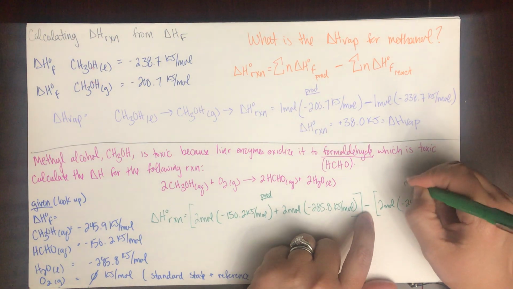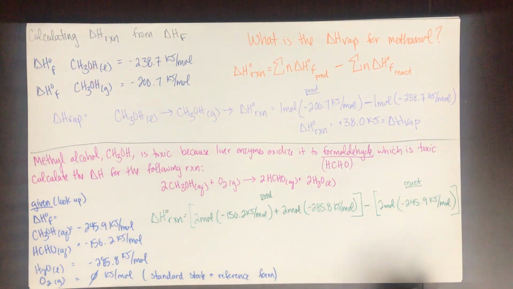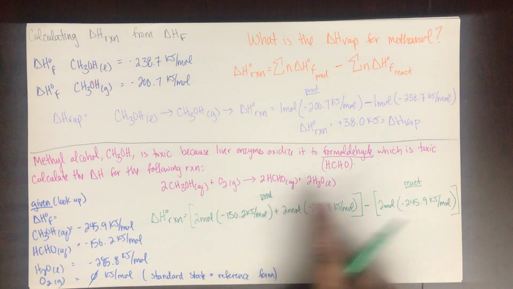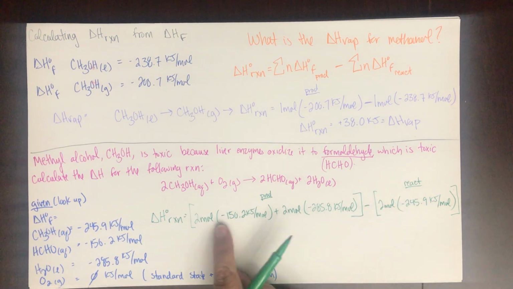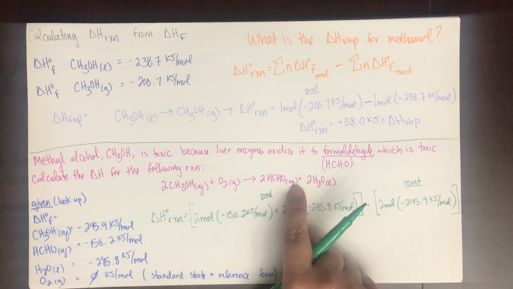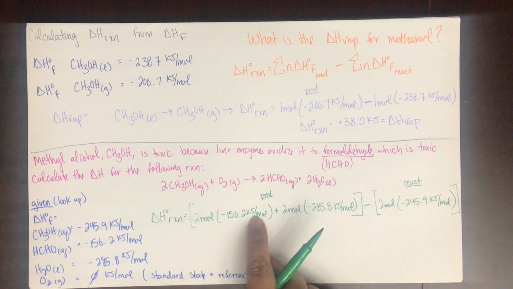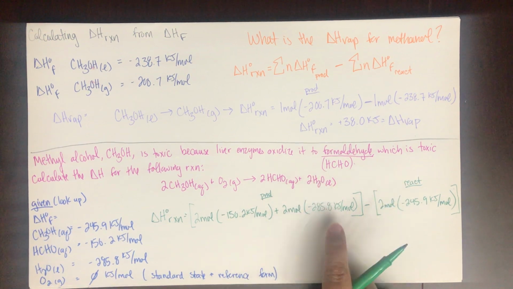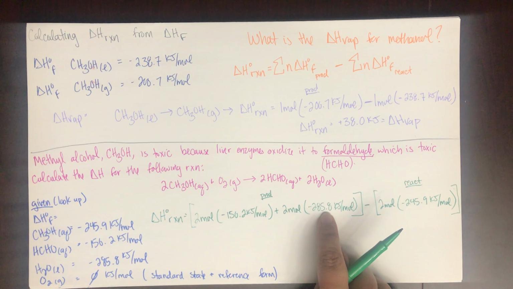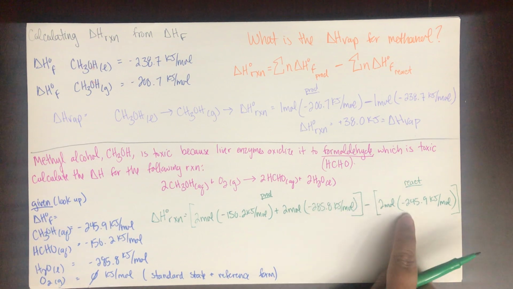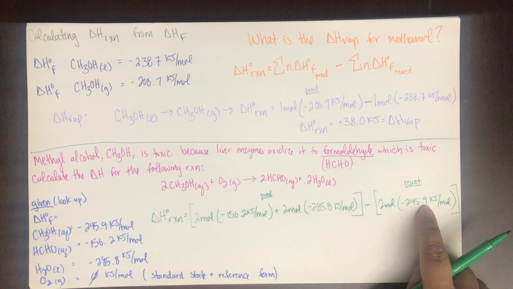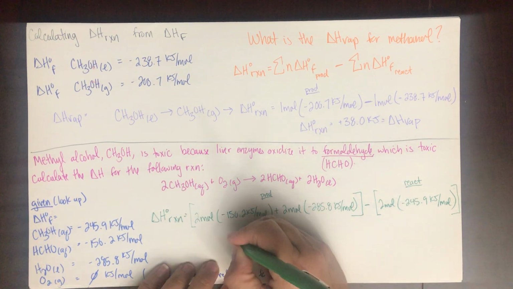This is the product side, this is the reactant side. To get the change in something, it's always products minus reactants, final minus initial. So 2 moles of formaldehyde times the standard enthalpy of formation of formaldehyde plus 2 moles of water times the standard enthalpy of formation of water minus 2 moles of methanol times the standard enthalpy of formation of methanol.